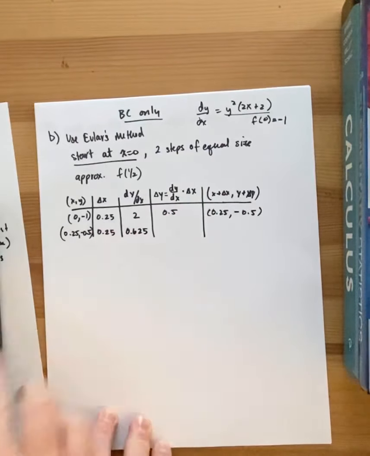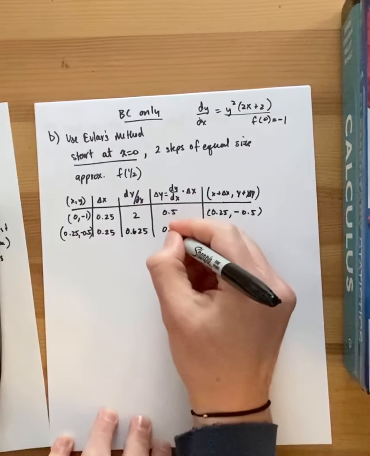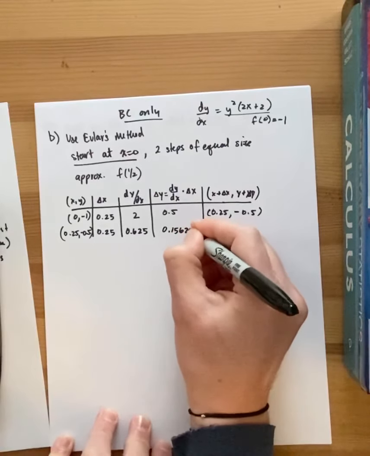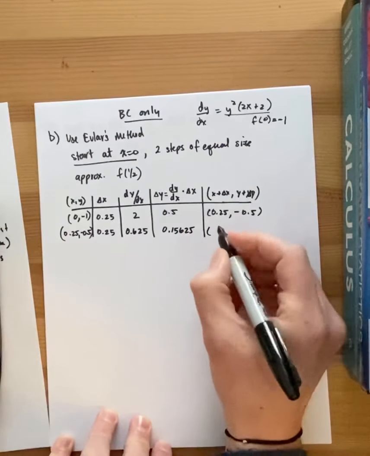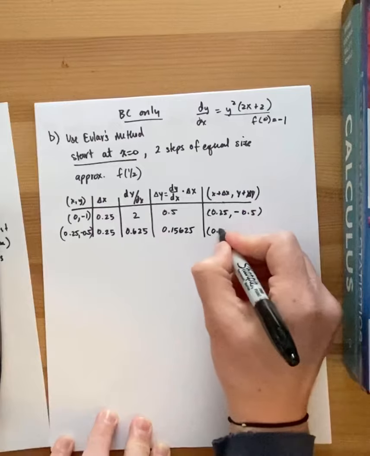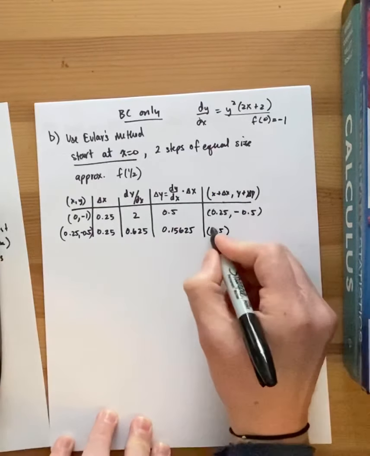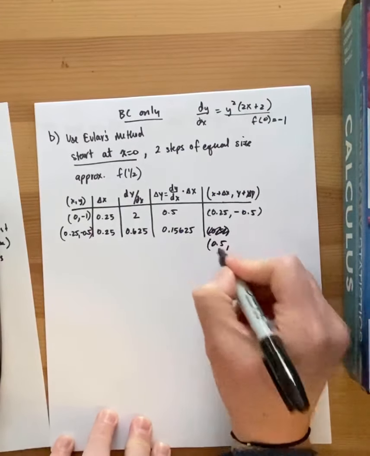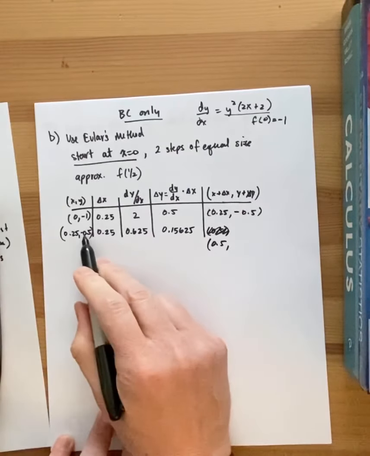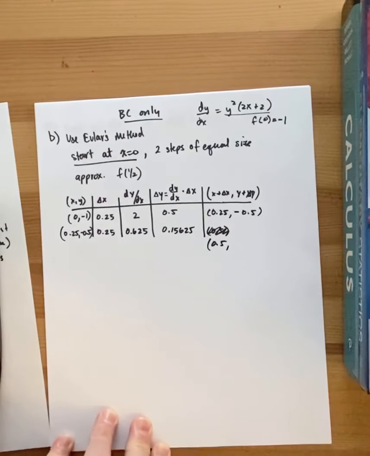Let's multiply these two together. And this gives me a 0.15625. And now we can add change of x, so I get that 0.5 that I want. And then do the -0.5 plus that 0.15625. And that gives me a -0.34375.